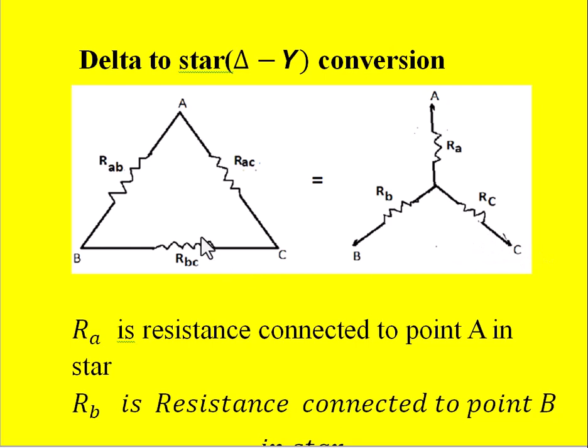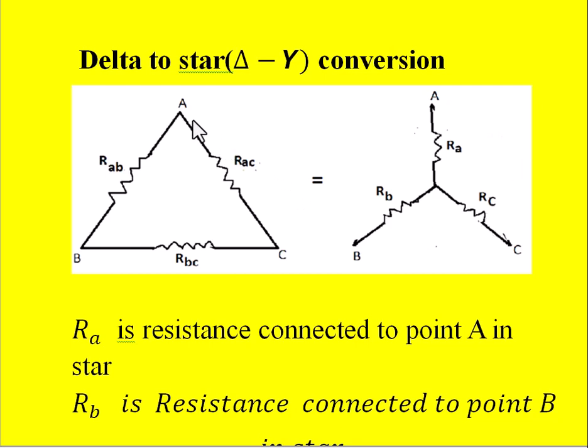Similarly, between terminals B and C, the equivalent resistance in the delta is RBC in parallel with the series resistors RAC and RAB. Similarly, in the star connected system between terminals B and C, the total resistance is RB plus RC, whereas RA is negligible as it is in hanging condition.